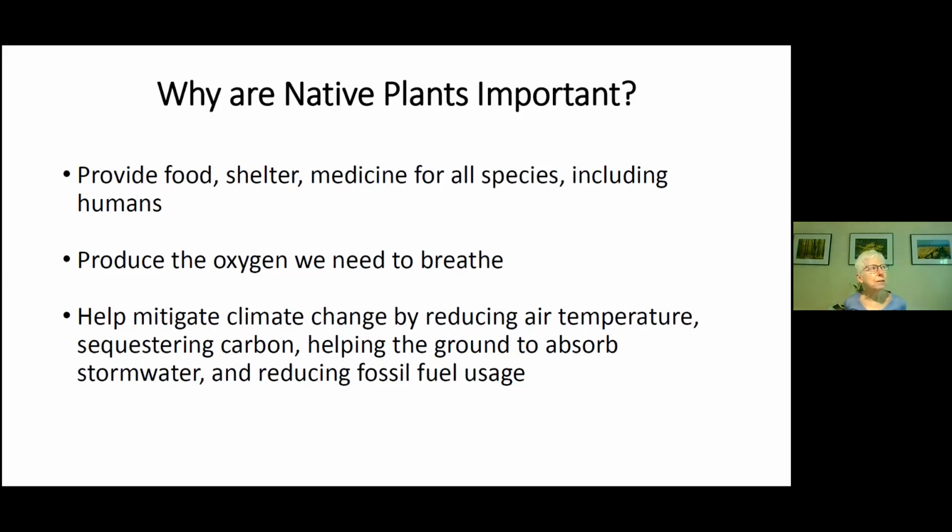And also by lowering temperatures, which trees are especially good at, that will help reduce fossil fuel usage as well, because they provide shade through transpiration. They cool the air. They can reduce the air temperature around your house by 5 to 10 degrees over just down the road a piece where there's nothing but sun. So use plants. I highly recommend them.